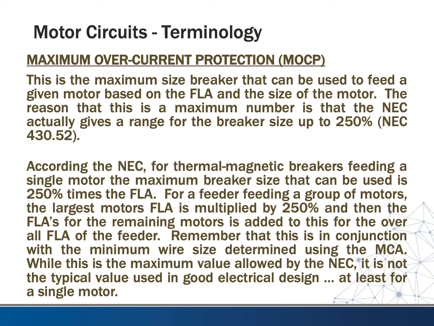So much like when we did the minimum circuit ampacity, we just multiply this factor times the largest motor and then add just the flat value of the other motors' FLA. Remember that this is in conjunction with the minimum wire size determined using the MCA. While this is the maximum value allowed by the NEC, it is not the typical value used in good electrical design, at least for a single motor.